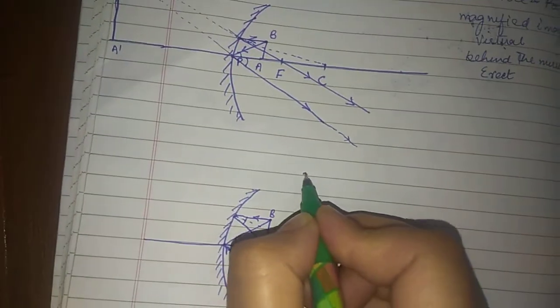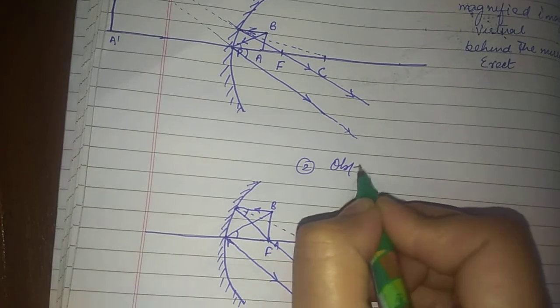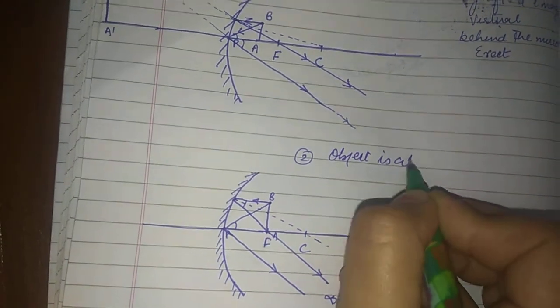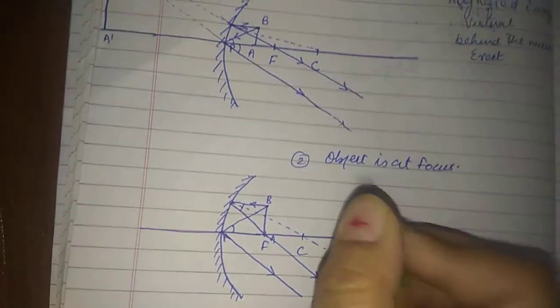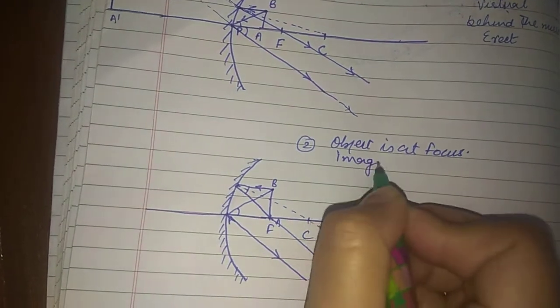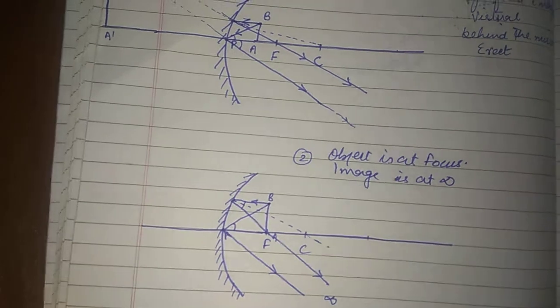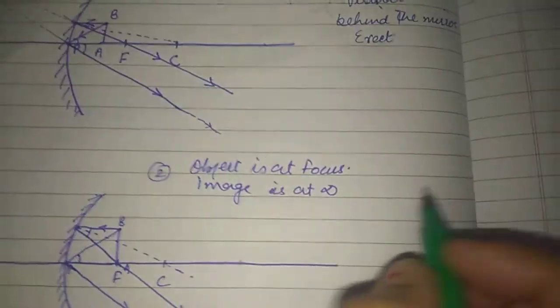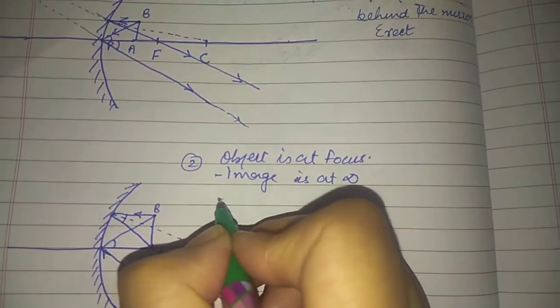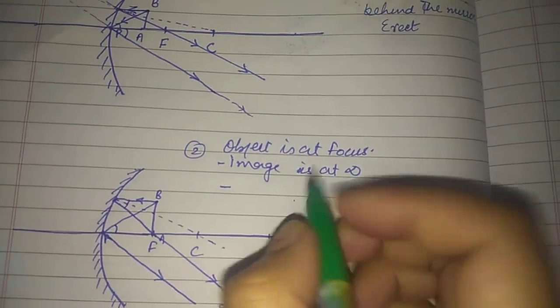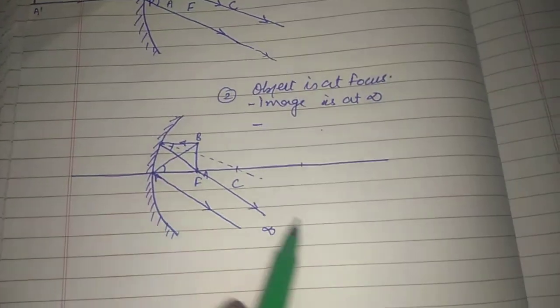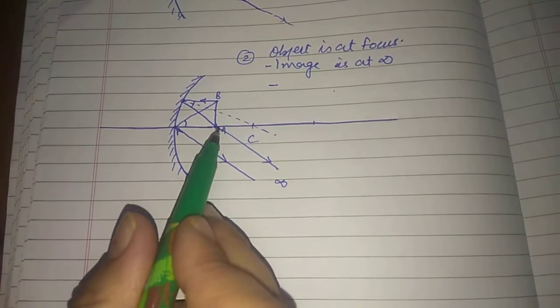So this was the second case, when the object is at focus. Where is the image? The image would be at infinity. And the second point for the image: it would be highly magnified. You see, they are going to be extended from this particular point.